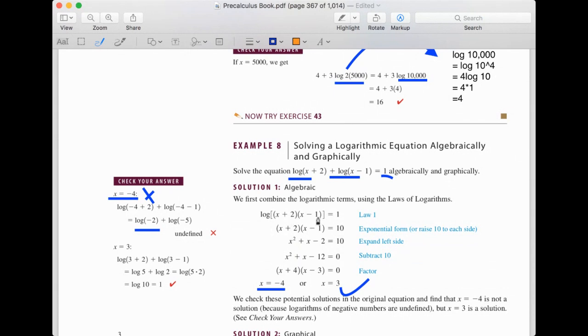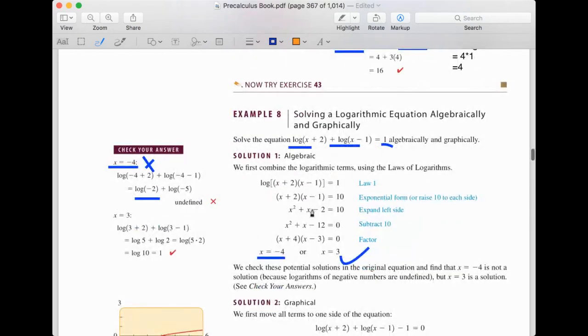So x plus 2 times x minus 1 equals the base 10 raised to 1. This is a crucial step, right? Now we can multiply out the left-hand side, which equals x squared plus x minus 2 equals 10.